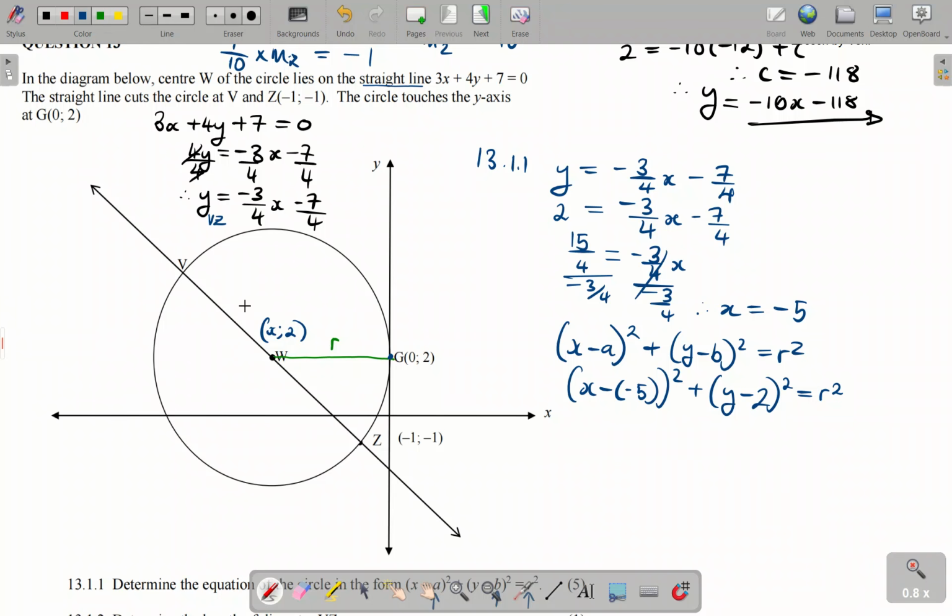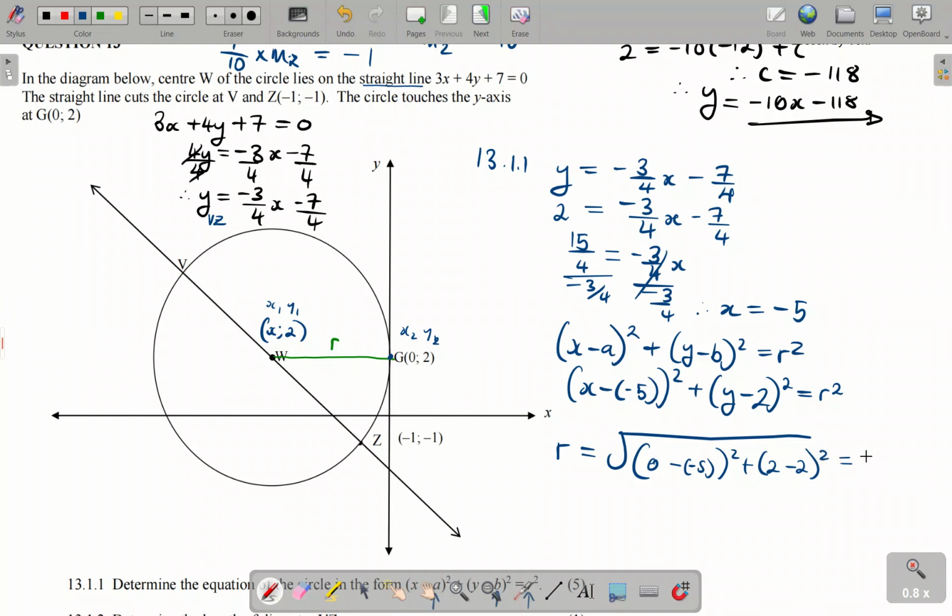Let me find the distance. Remember, the distance formula is going to give us the length of WG, which is the radius. So the radius is the square root of x2 minus x1, squared, plus y2 minus y1, squared, where x2 is 0, x1 is negative 5, y2 is 2, and y1 is 2.